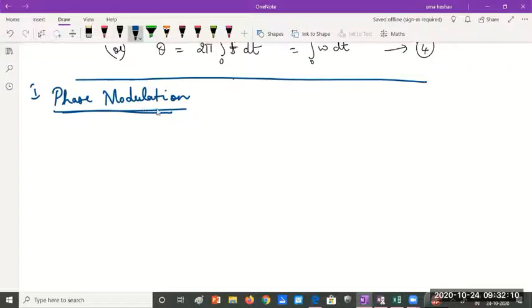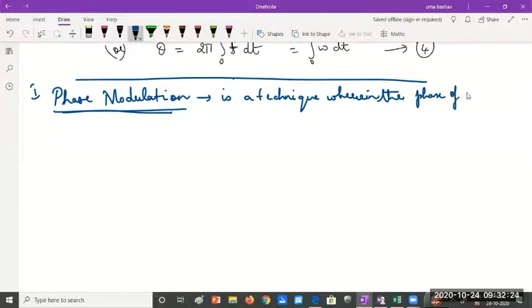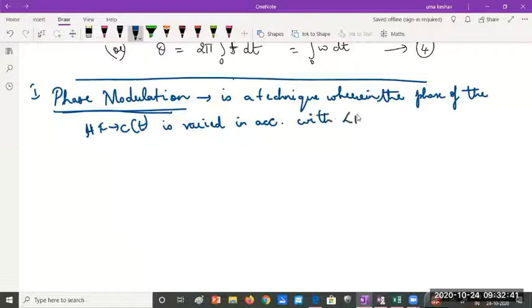So let's talk about phase modulation. You say it is a technique wherein the phase of the high frequency carrier is varied in accordance with the low frequency message.